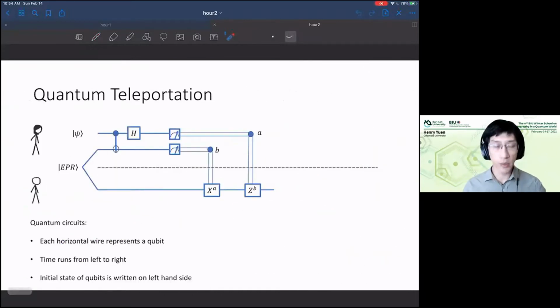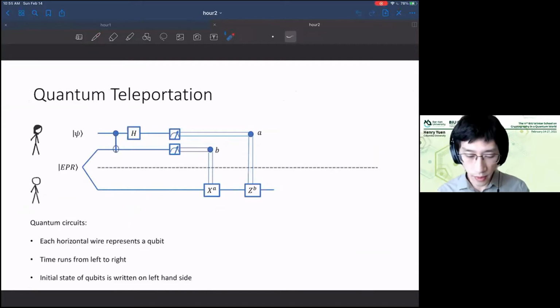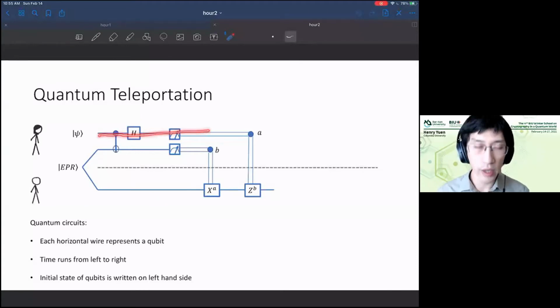So here's a protocol, and this is our first introduction to quantum circuits. I'll slowly explain what this picture means if you haven't seen it before. This is a description of a quantum computation that Alice and Bob will jointly perform together. These horizontal wires each correspond to a different qubit.